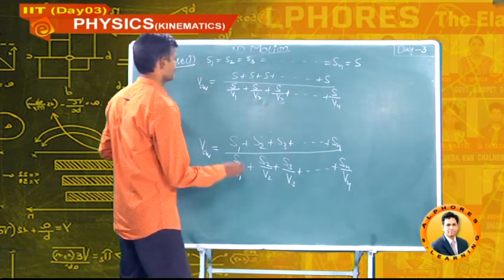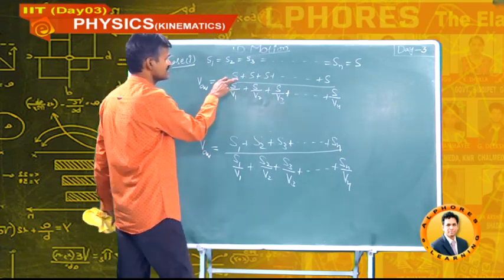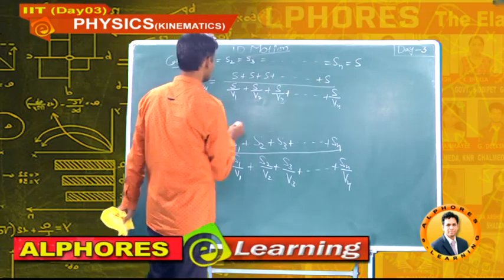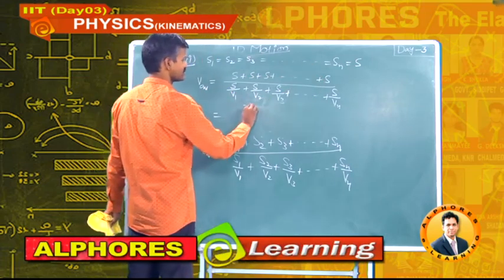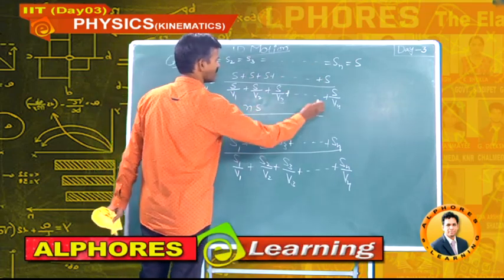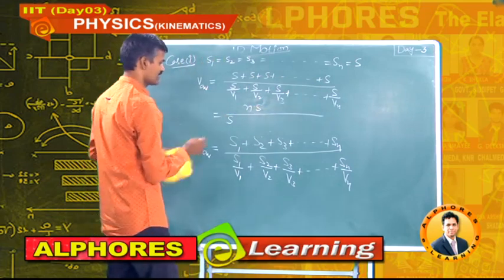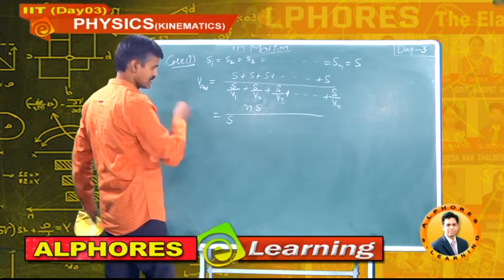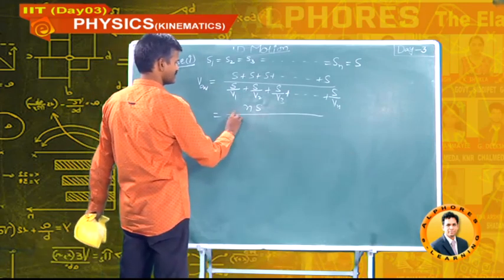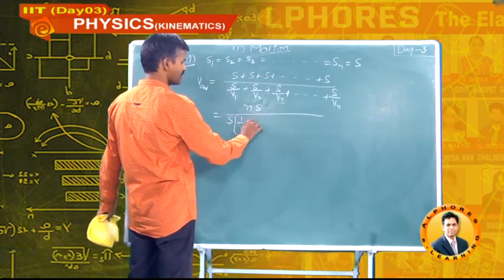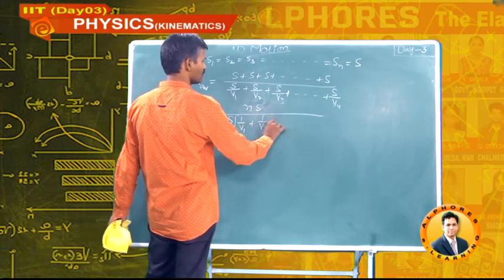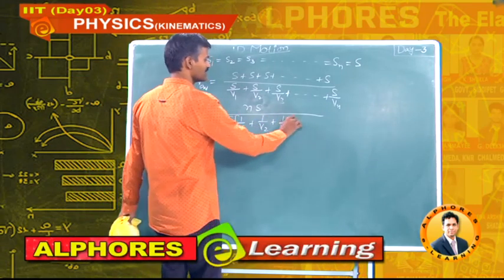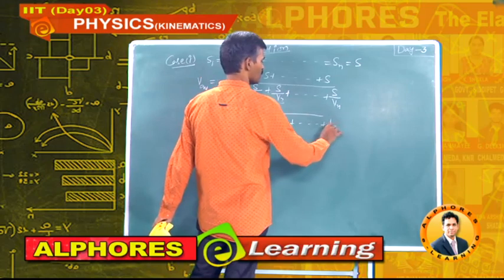In this case, on summing, this is nS by, on taking S common, 1 by V1 plus 1 by V2 plus 1 by V3 plus and so on plus 1 by Vn.